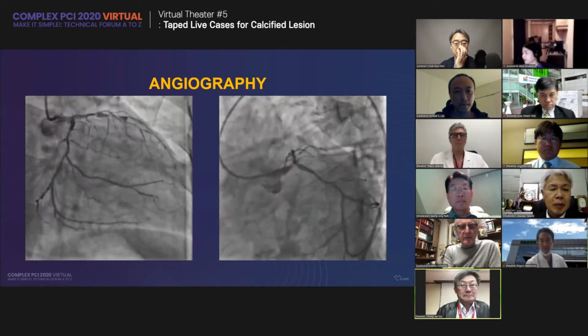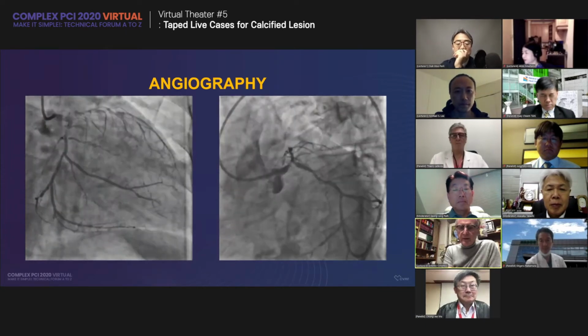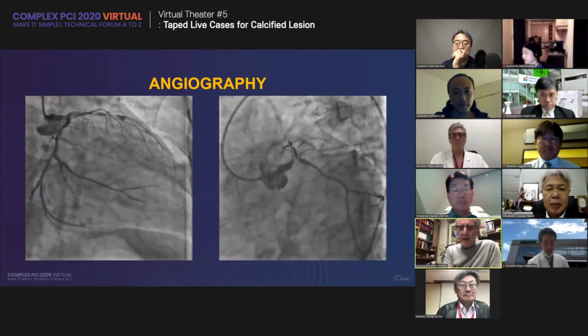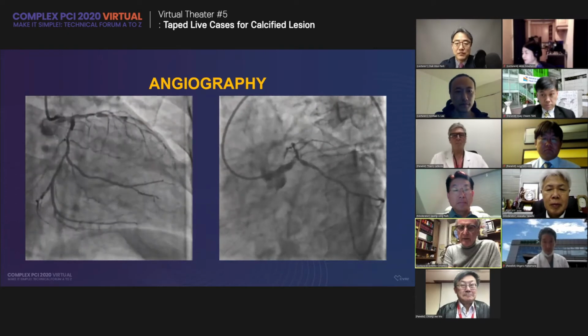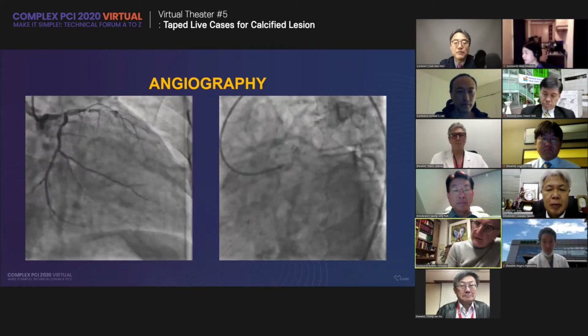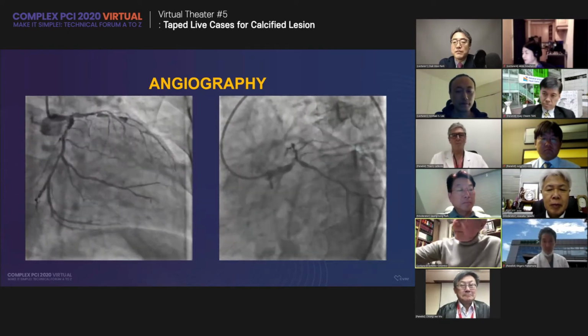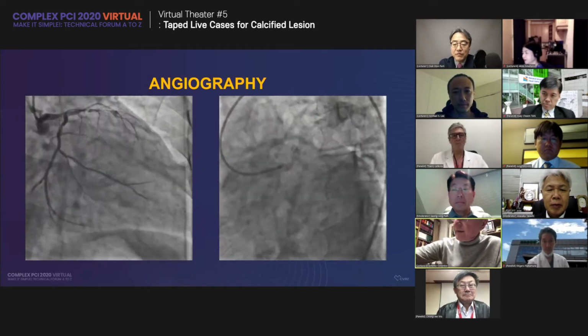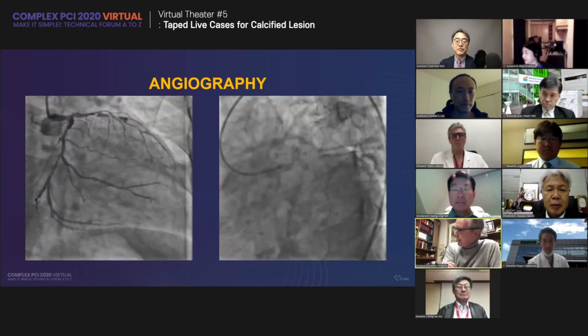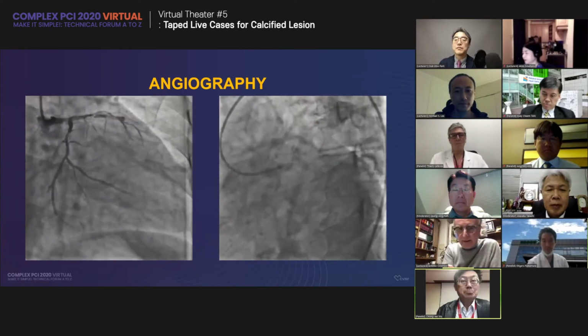Usually, when I do this diffuse disease, I work with 2 wires, one pressure wire and one regular wire. And I always base my decision not to stent on the pressure gradient at the end of the predilatation.